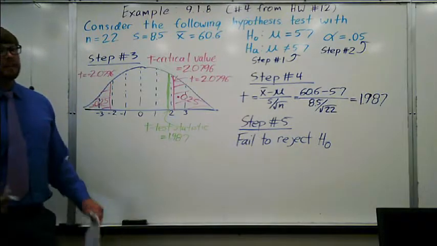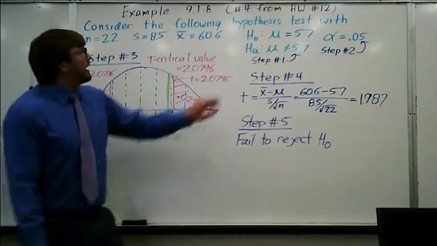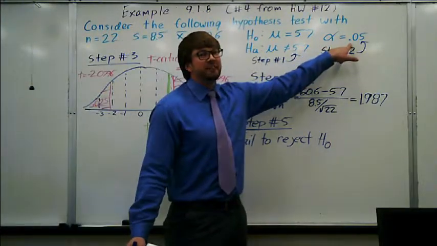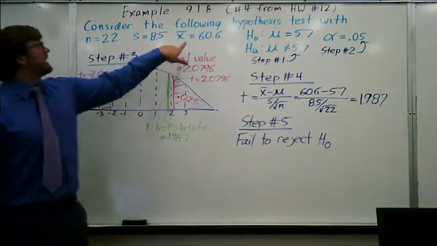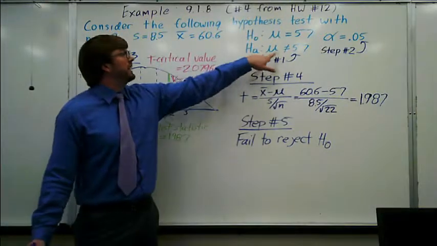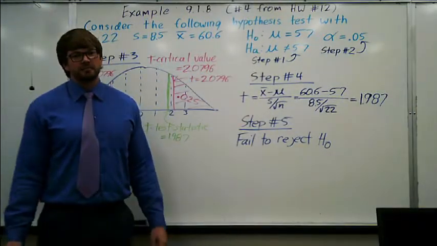So what that means is that at the 5% significance level, there is not enough evidence to show that the population mean is not equal to 57.